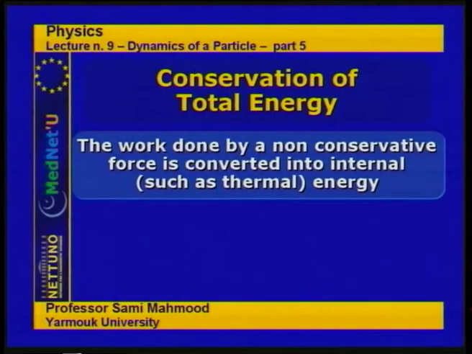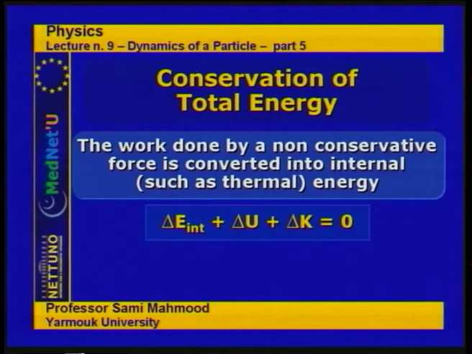But if we take into consideration the fact that the work of the non-conservative forces goes into another type of energy, thermal energy, which is a change in the internal energy of the system as its temperature goes up, then we arrive at the conclusion that the change in the internal energy of the system plus the change in the mechanical energy of the system, which is delta U plus delta K, should be 0.